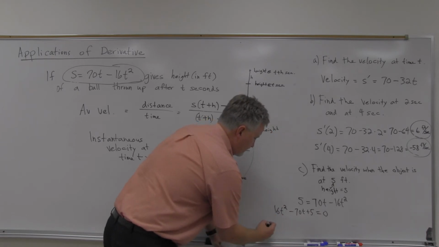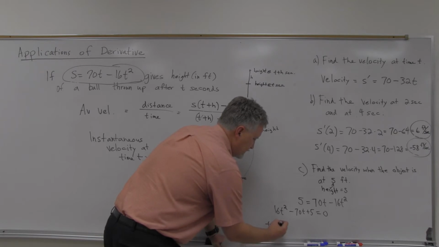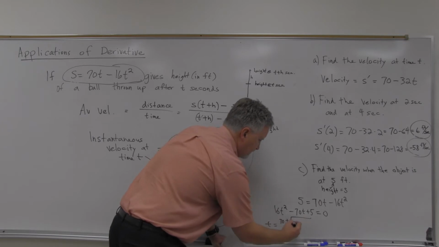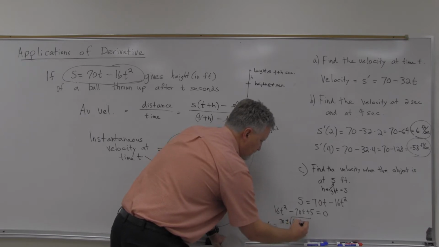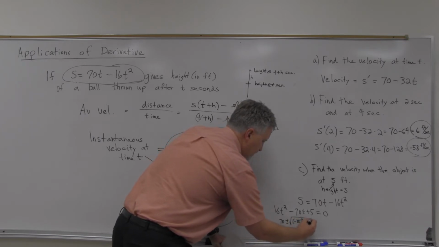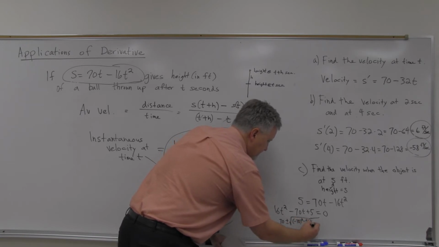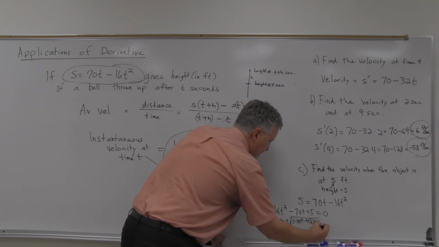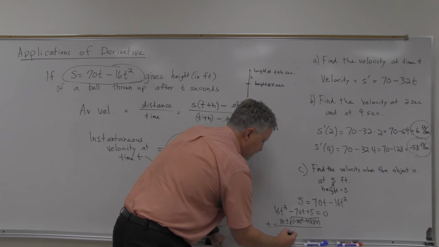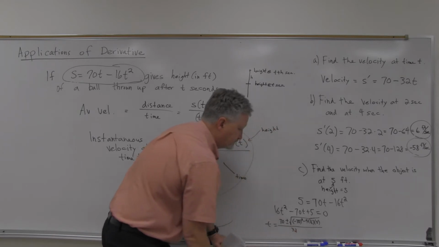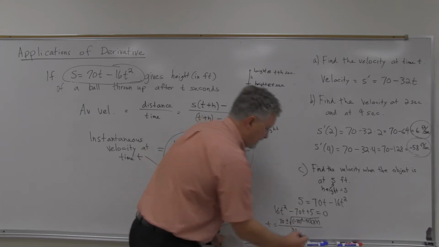And then use the quadratic formula, because I don't believe that one's going to factor. t equals negative b, so it'd be 70 plus or minus the square root of b squared, negative 70 squared, minus 4ac, so minus 4 times 16 times 5, divided by 2a, so 32. Use the quadratic formula there.